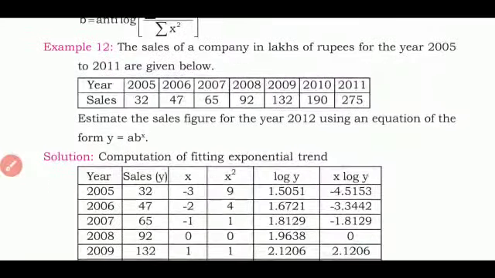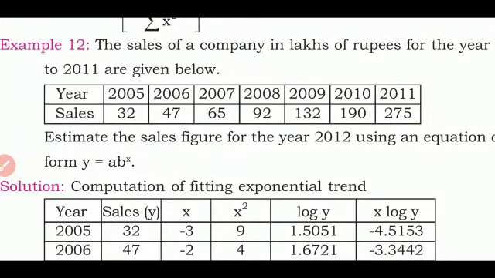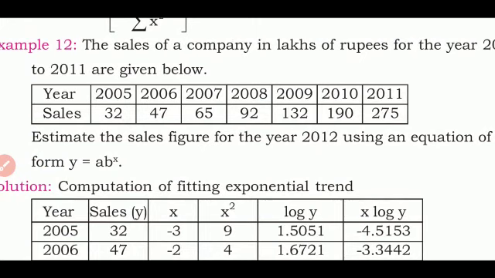What is the example? The sales of a company in lakhs of rupees for the year 2005 to 2011 are given below. What is the data here? Data is year and sales.